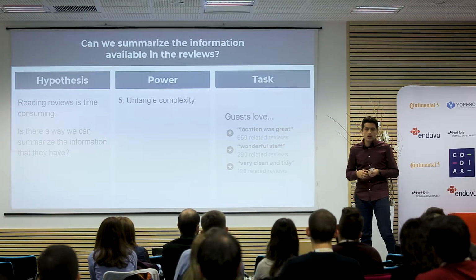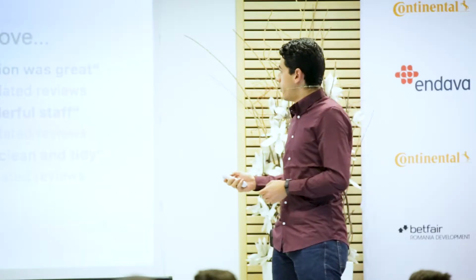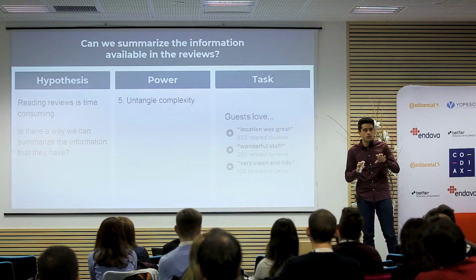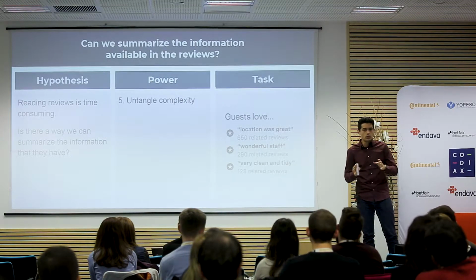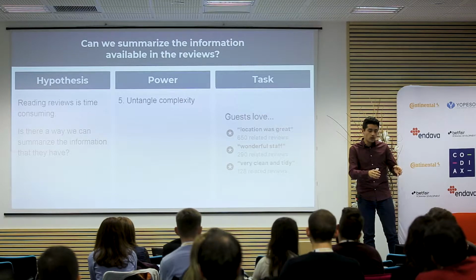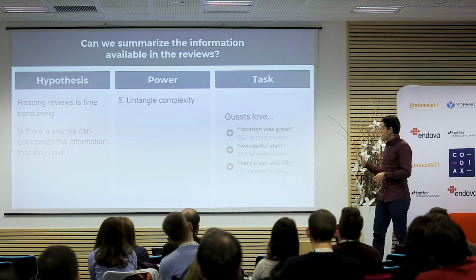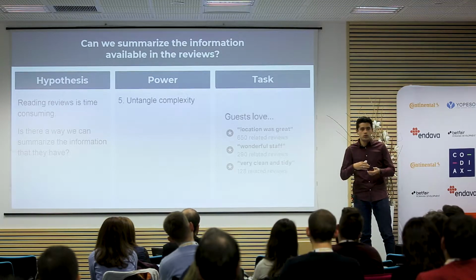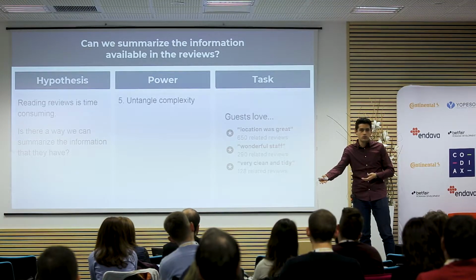If we saw that a cluster had a lot of words about location, we figure out, okay, these reviews that have these keywords speak mostly about location, and we try to categorize them as location. And then we can also have sentiment analysis and say how many reviews speak positively about this topic.